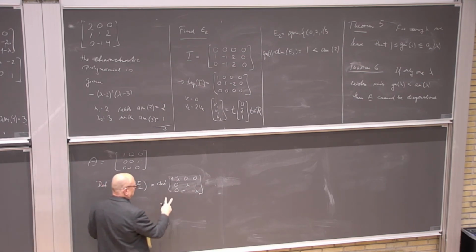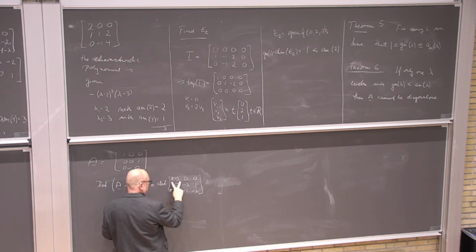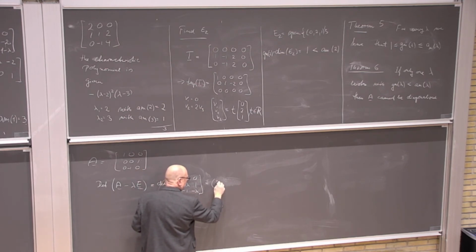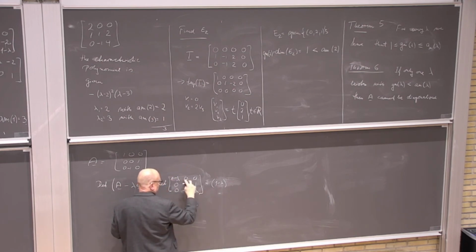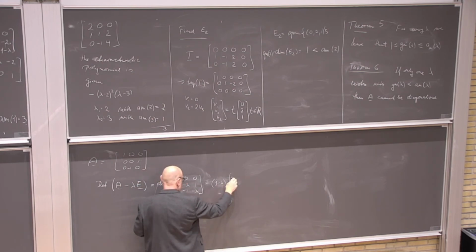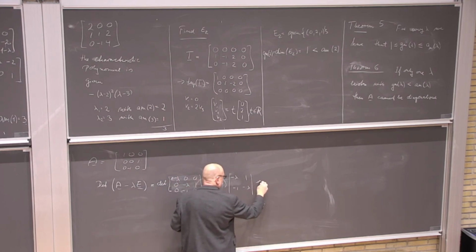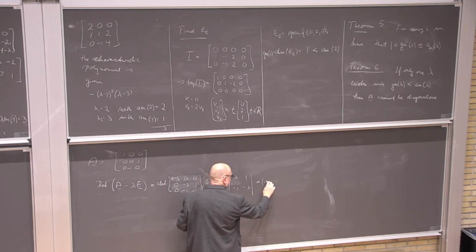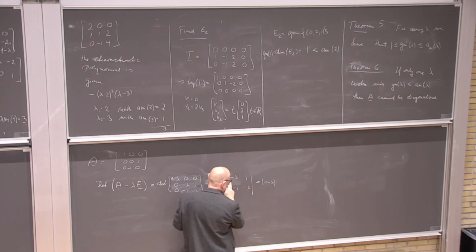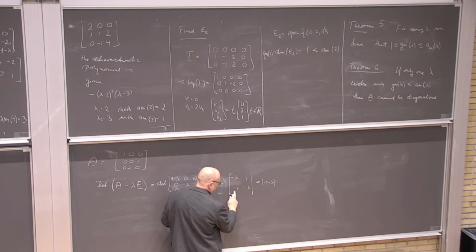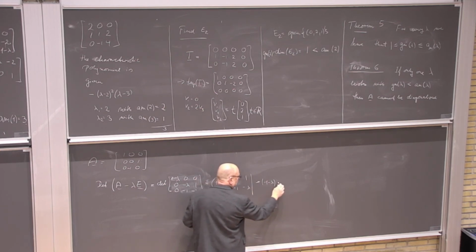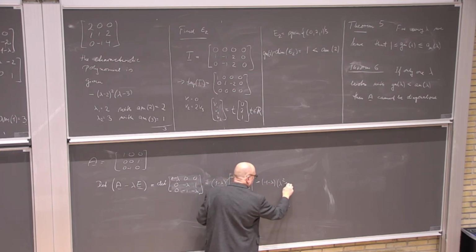So what I do here is an expansion along the first row. So I get 0, 0 here, and then the determinant of minus lambda, 1, minus 1, minus lambda. And I get 1 minus lambda times lambda squared minus minus 1 times 1. So I get lambda squared plus 1.